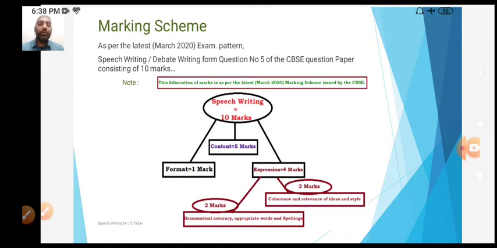So you need to be very particular about grammatical accuracy, selection of words, and spellings. Coherence means logical and systematical arrangement of your ideas. So your style, your relevance of ideas, whichever ideas you are using in content, whether they are associated with the topic or not, whether they have been properly used or not, it will be checked both in content and in expression also. Okay, so this is the bifurcation.